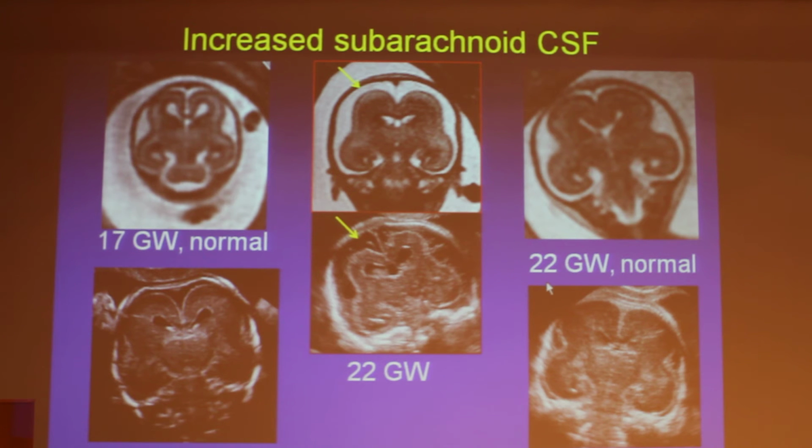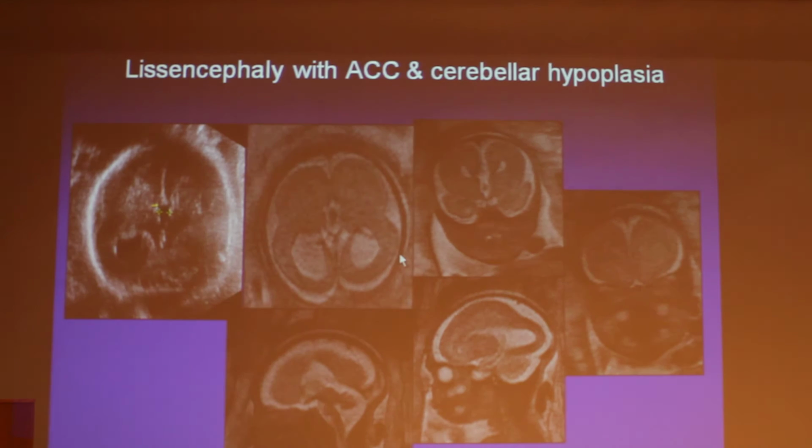By 22, 23 weeks, you become very asymmetric. So if you're in the range of 22 weeks of gestation and both hemispheres are still very symmetric, and there's also an increased subarachnoid space, you should start thinking that there's some abnormality. It's a very subtle abnormality, and in these cases it proved to be lissencephaly also.